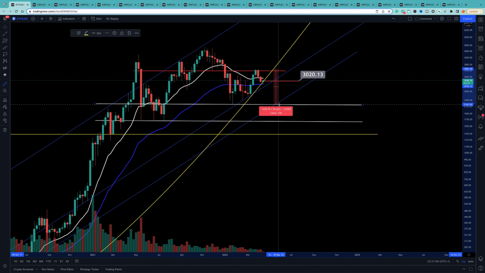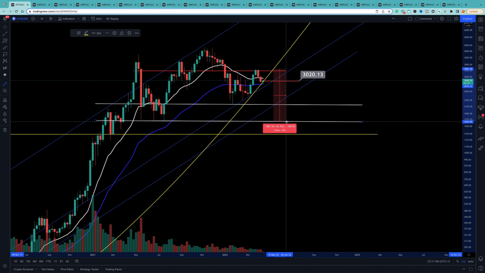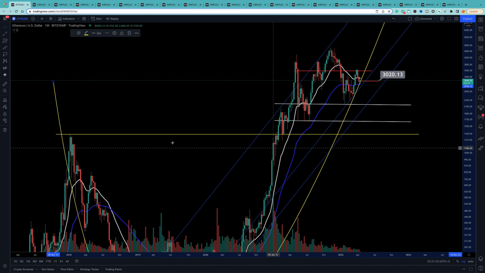So 39% is 2162, and you can see the support there. The next support here is 52.5% at 1730. 60.5% is 1415, which brings it back to the previous all-time high of the 2017-18 bull run.